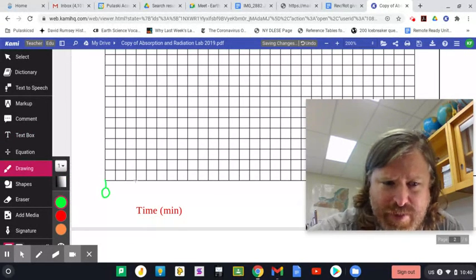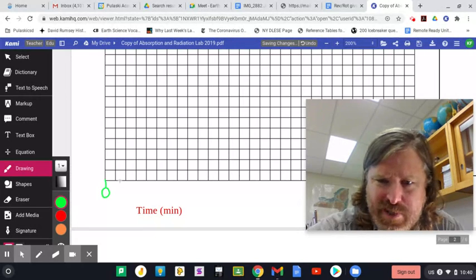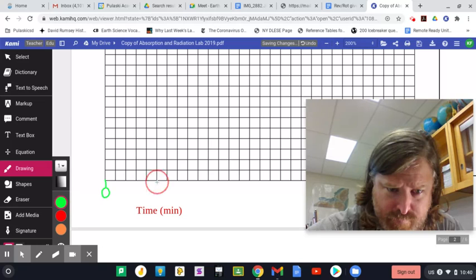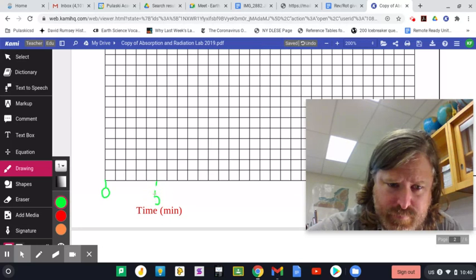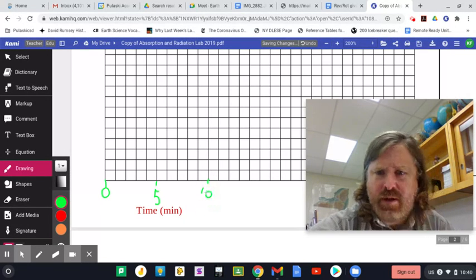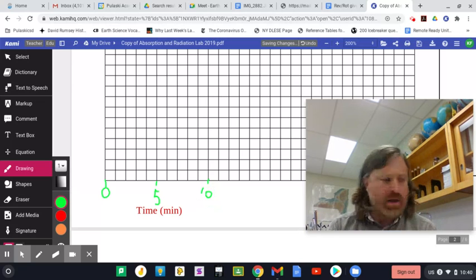Or maybe every 5? I wouldn't say go by 3s. That's getting kind of weird, but 1, 2, 3, 4, 5, 6, 7, 8, 9, 10, and so on. Do that, and it should be right to 30 at the very end.